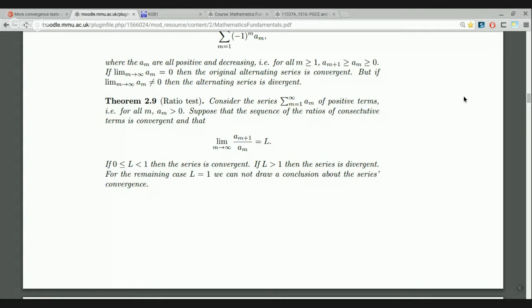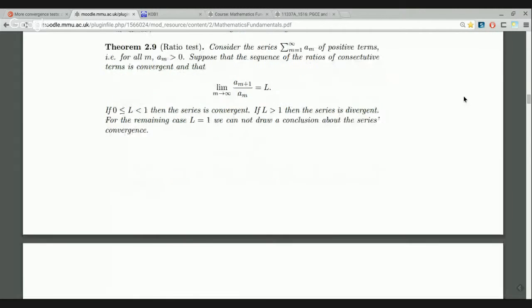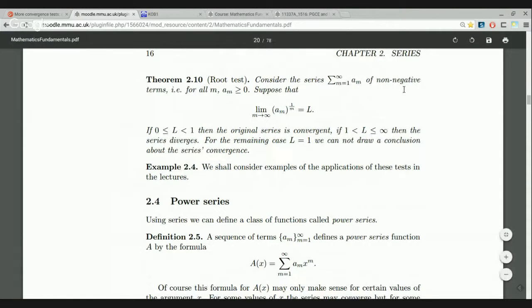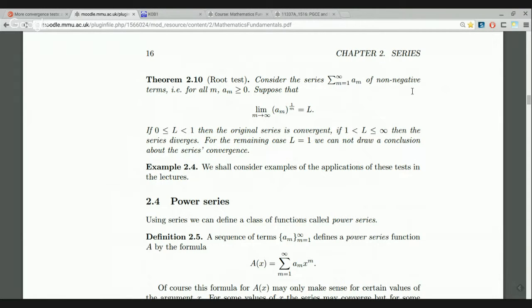Now it looks kind of curious, kind of funny, and it's only really applicable in certain situations. But the way it proceeds is, again, you're examining a series, the sum of a_n. You're trying to find out whether that is convergent or divergent. And the way it proceeds is you take the nth root of the nth term.